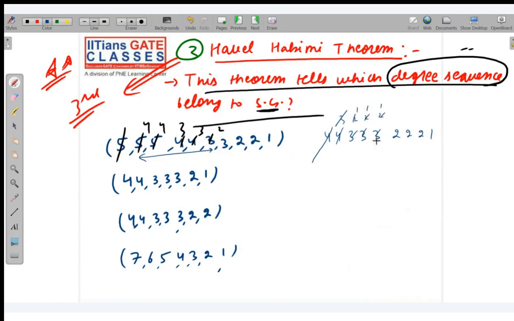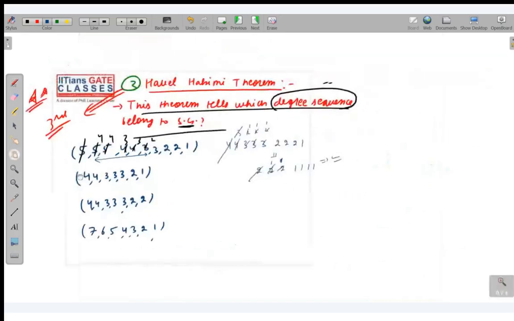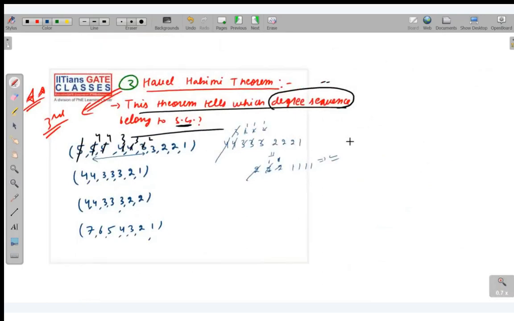Now it is no longer a degree sequence, so I will convert it into triple 2 and 4 ones. Now I will cut this 2 and make these 1. Now you can see, only ones are left. How many ones? 1, 2, 3, 4, 5 and 6. 6 ones are left. So you will say it is a simple graph. So finally what you should get is either zeros or ones. So an even number of 1s. The final answer should be even ones. Even ones, then simple graph.